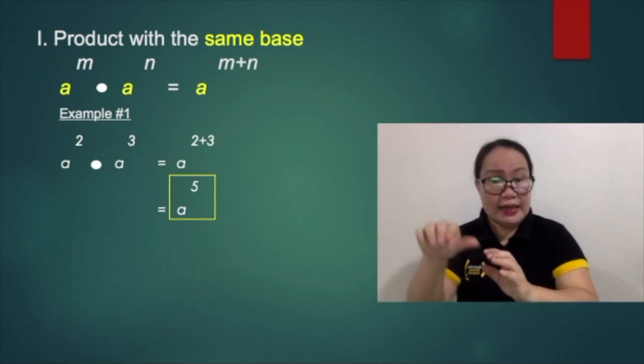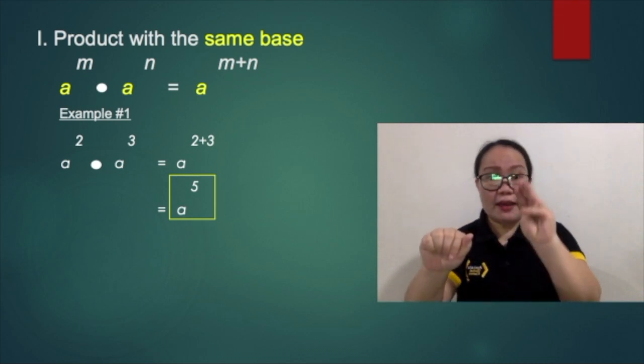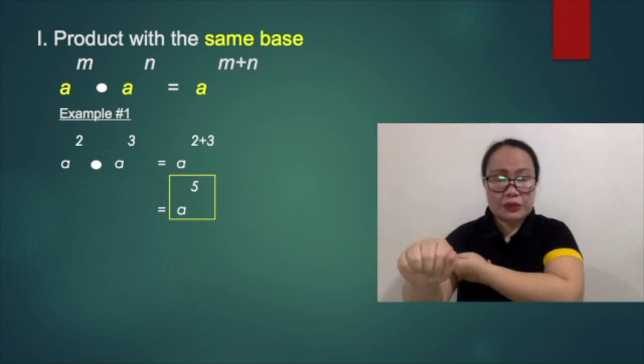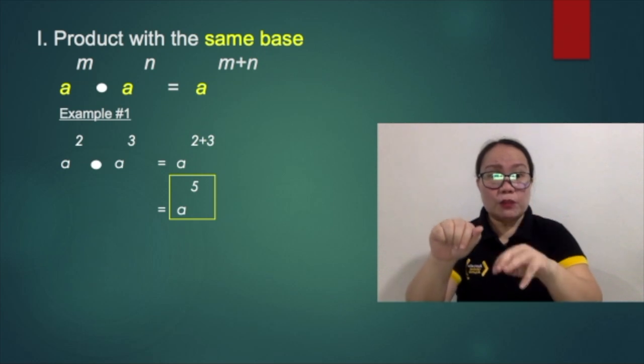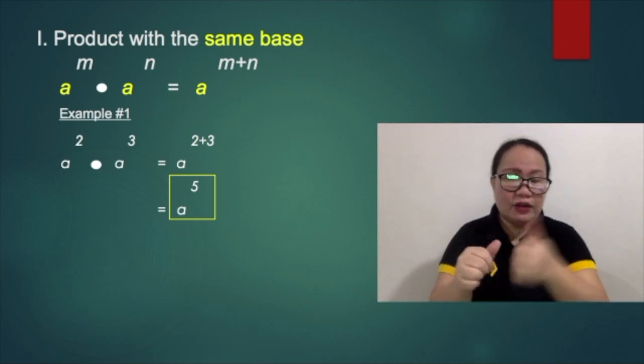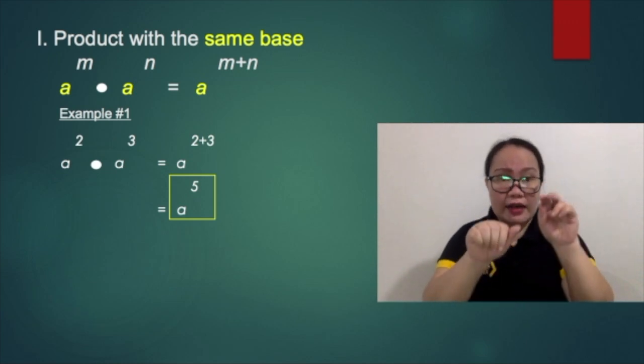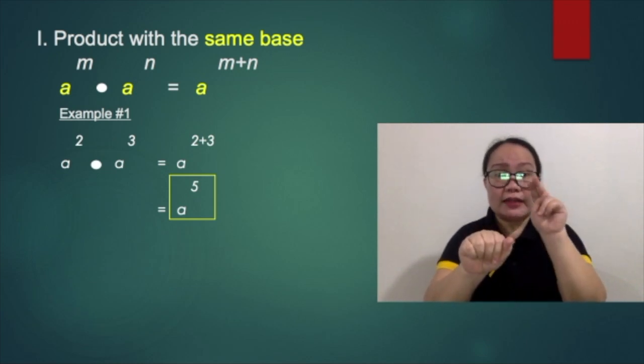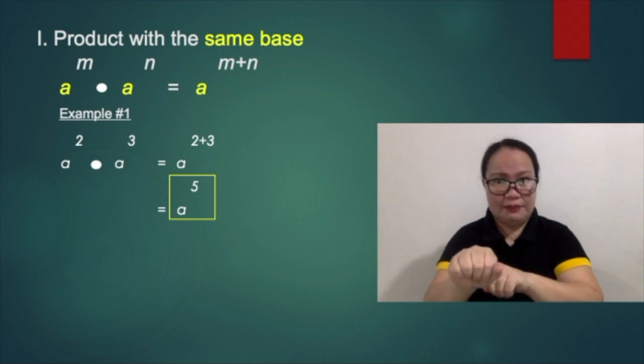So A is raised to the m power, or multiplied m times, and the other one is A multiplied n times.